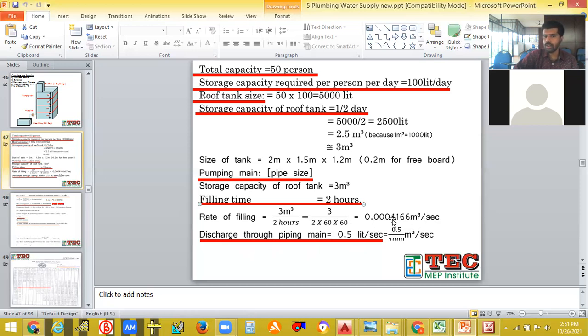Rounding it off, you can write 0.0005 meter cube per second, or you can write 0.5 liter per second, or you can write 0.5 by 1000 meter cube per second. You can write it any way. So that is our discharge.